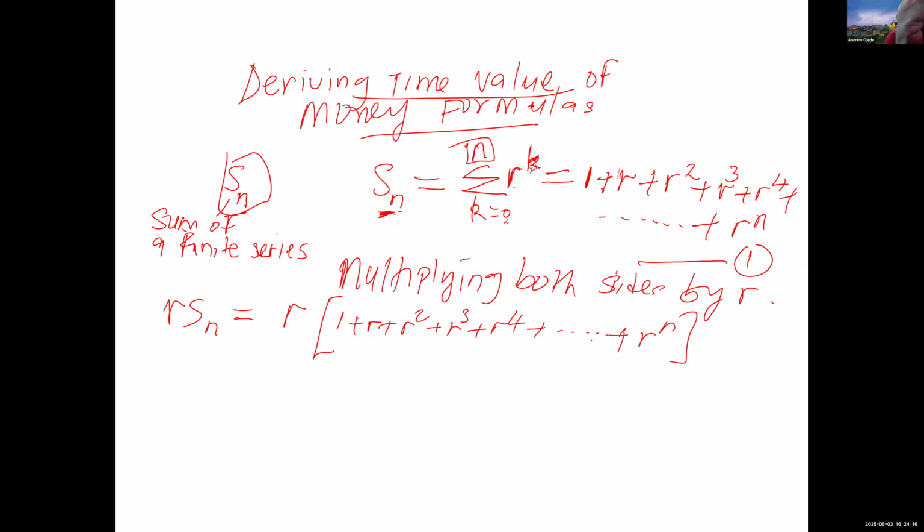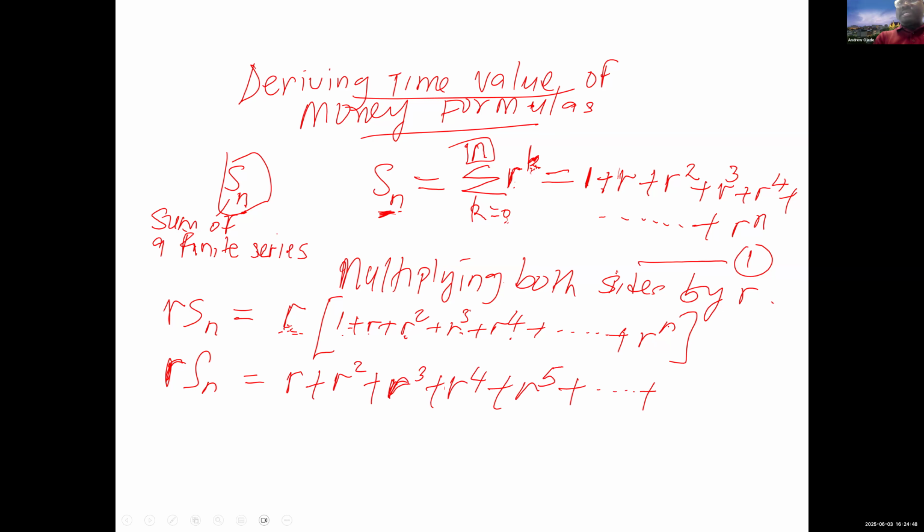Now r times Sn is going to be equal to, if I distribute this r inside the bracket, r times 1 is r, plus r times r is r squared. r times r squared is r to the power 3. r times r to the power 3 is r to the power 4. r times r to the power 4 is r to the power 5. Plus dot, dot, dot, up to r times r to the n.